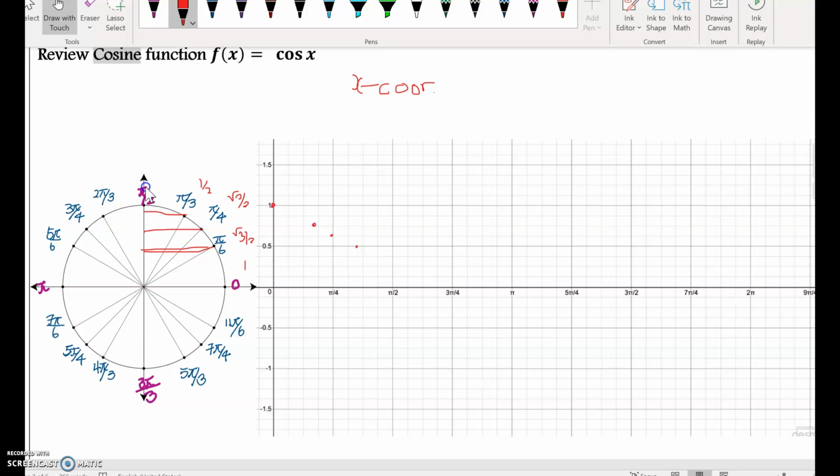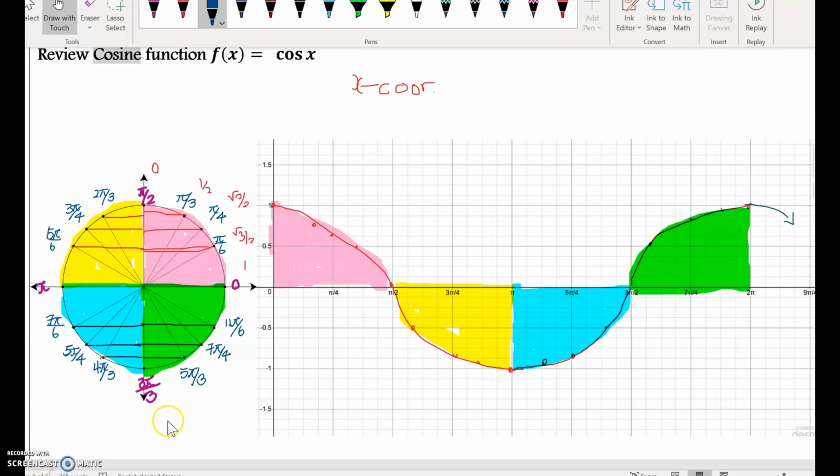And then at pi over 2, we know that the x coordinate is 0. So it would look like this. If we connect the curve, it will look something like that. You can try the other 3 quadrants. If you graph the other 3 quadrants, it will look something like this.